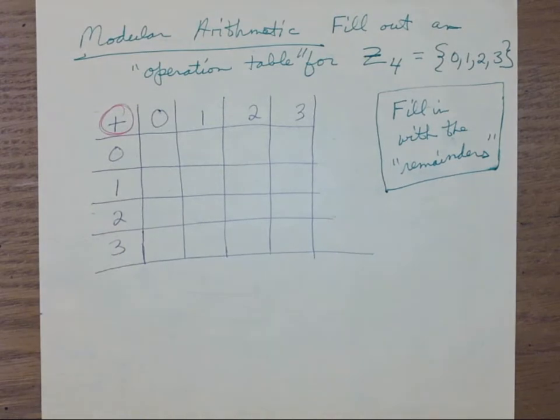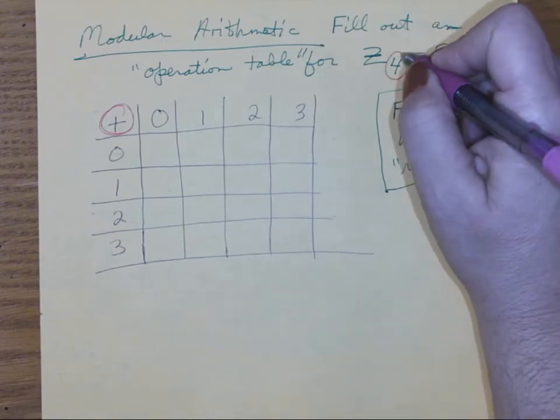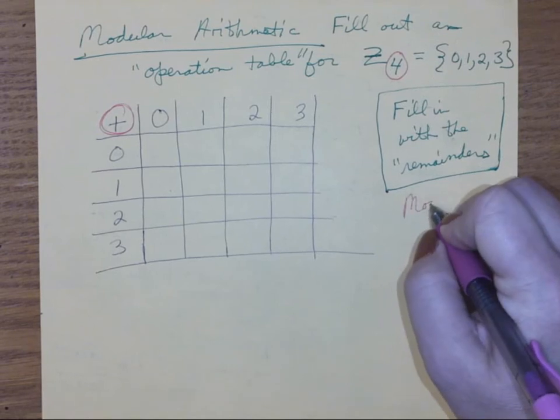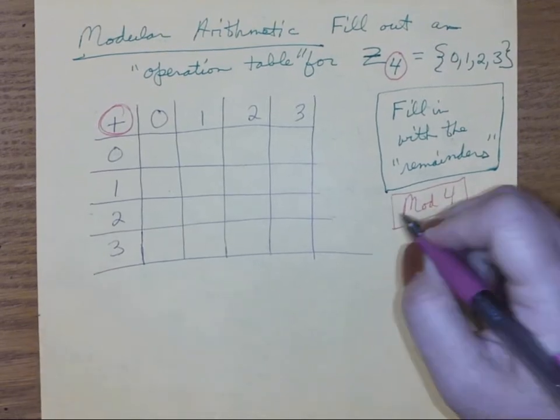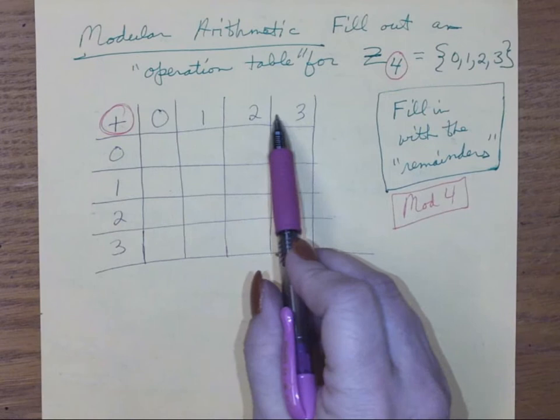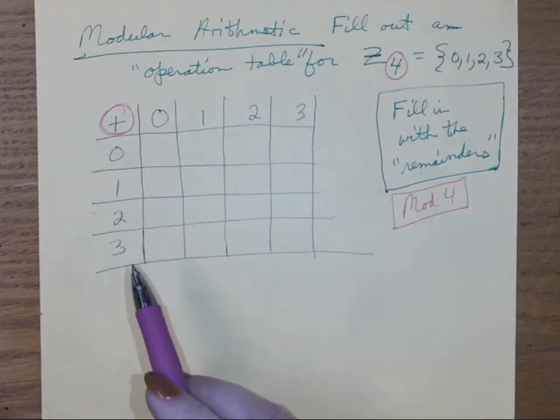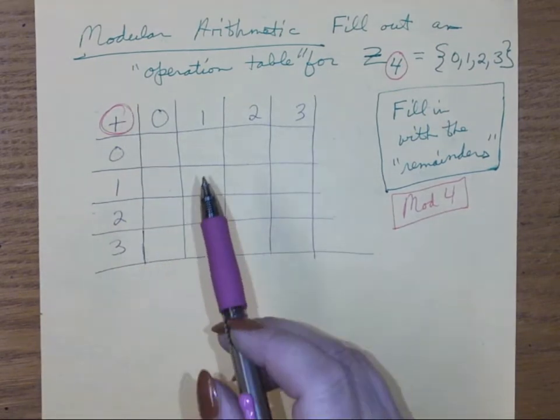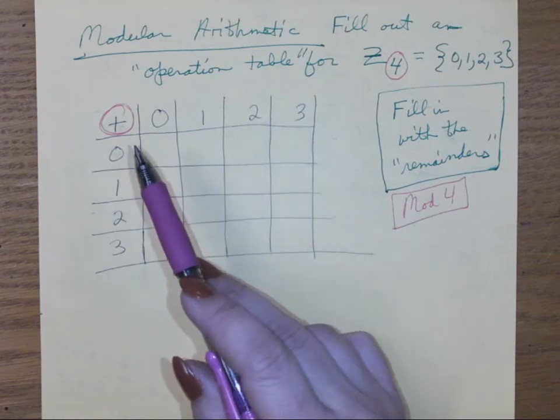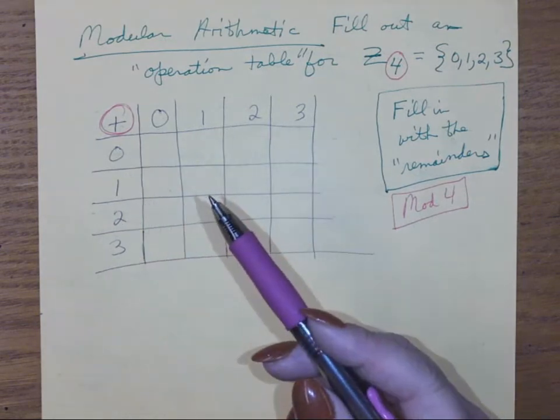Okay, it could have been subtract, it could have been multiply, it could be whatever they tell me to, because we have 4 operations, but a lot of times they're going to be add. You're going to see that from time to time. So let's do it. And whenever I see this, I'm looking at Z4, which tells me I'm in mod 4. Also, the fact that I only went 0, 1, 2, 3 and 0, 1, 2, 3 also tells me I'm in mod 4, because I can tell those have to be base 4 numbers, right?